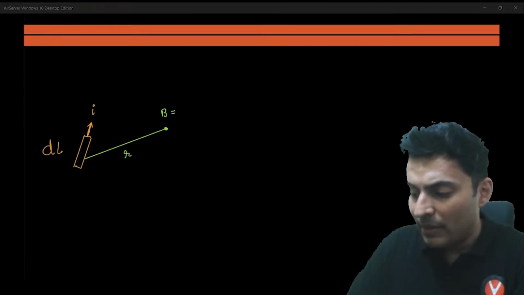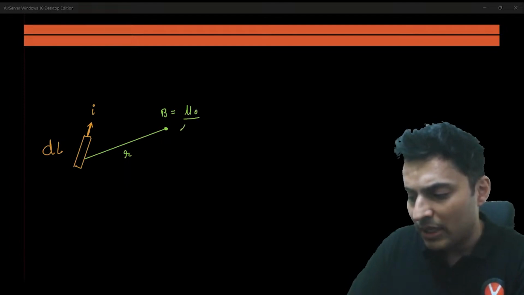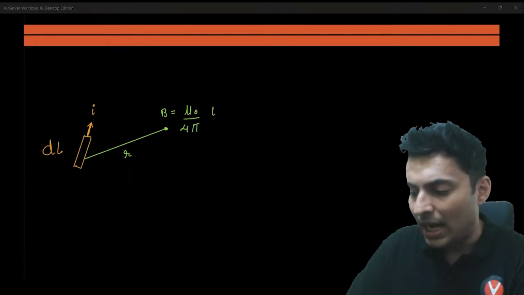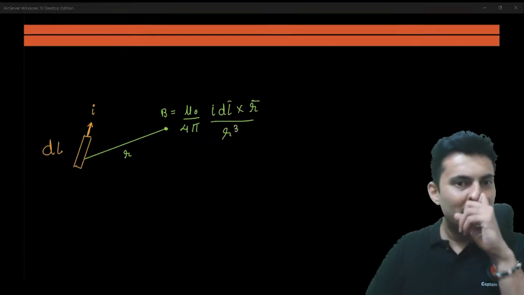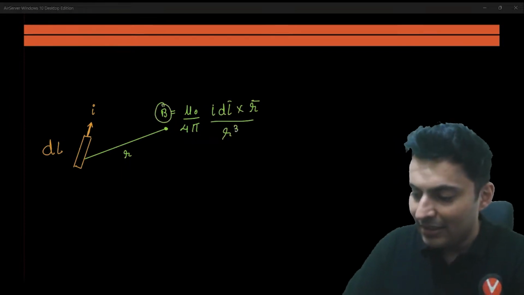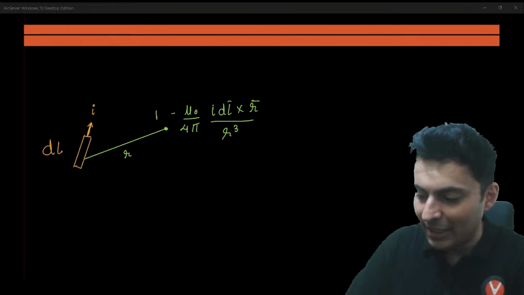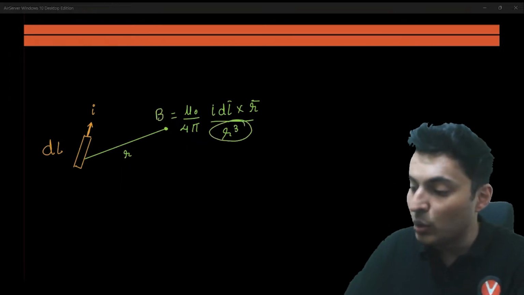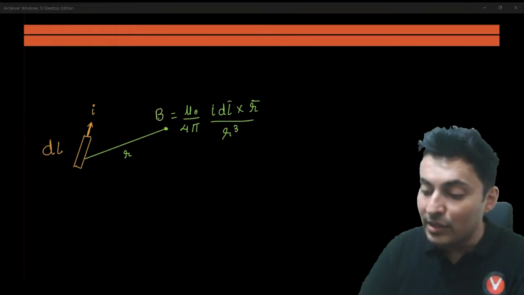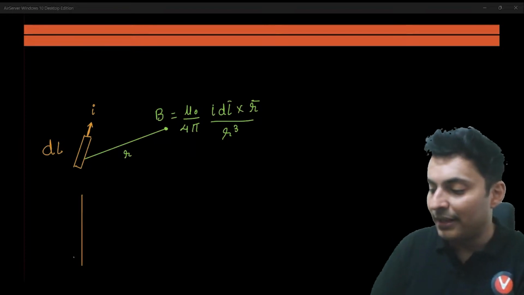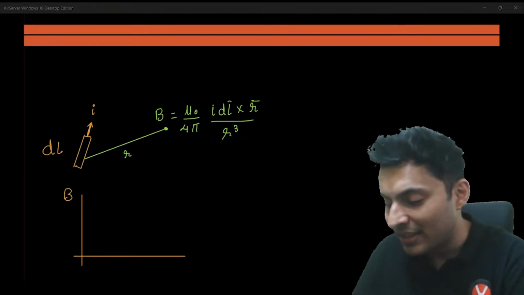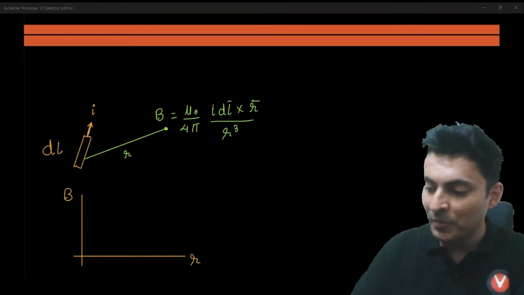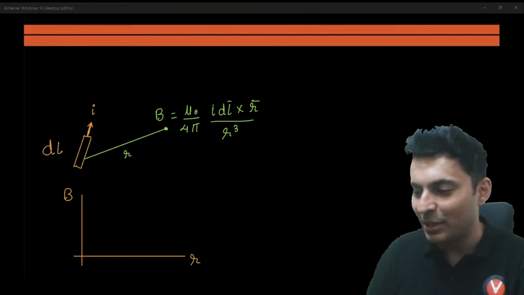So many people remember that formula. Yes, sir, I remember the formula is mu naught by 4 pi I dl cross R divided by R cube. So many people think this particular magnetic field is inversely proportional to cube of the R. But that is not correct. Magnetic field is not inversely proportional to the cube of R. Can you guess what it is proportional to?